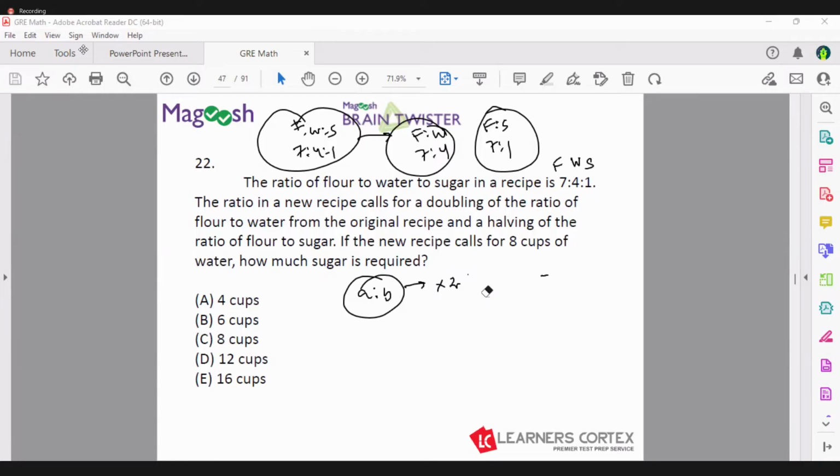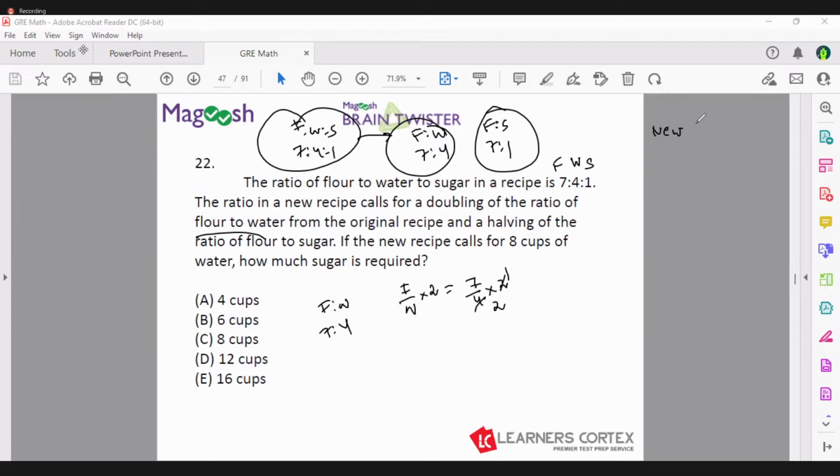So when we are doubling the ratio of flour to water, which is 7:4, it is basically 7/4 times 2, which makes it 7:2.